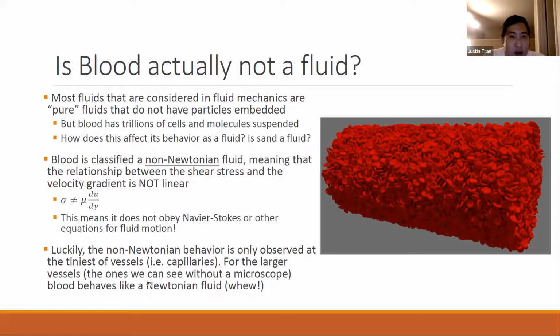So we can use CFD to simulate blood in the greater arteries and get pretty close to actual behavior. Bottom line, blood is non-Newtonian, but you only observe that on the smallest length scales, so for most cases you're going to be okay.